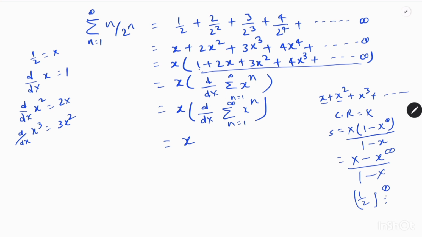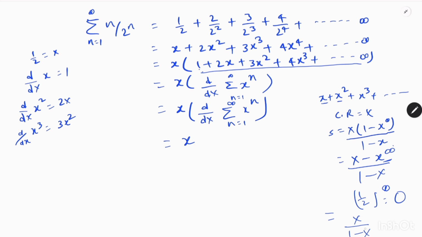So this value would be 0, right? This is tending to almost 0. So we are assuming it 0, and we can safely ignore this part. Okay, so GP sum would be x by 1 minus x, right? As first term is also x, and the common ratio is also x. So our geometric progression sum would be x by 1 minus x.